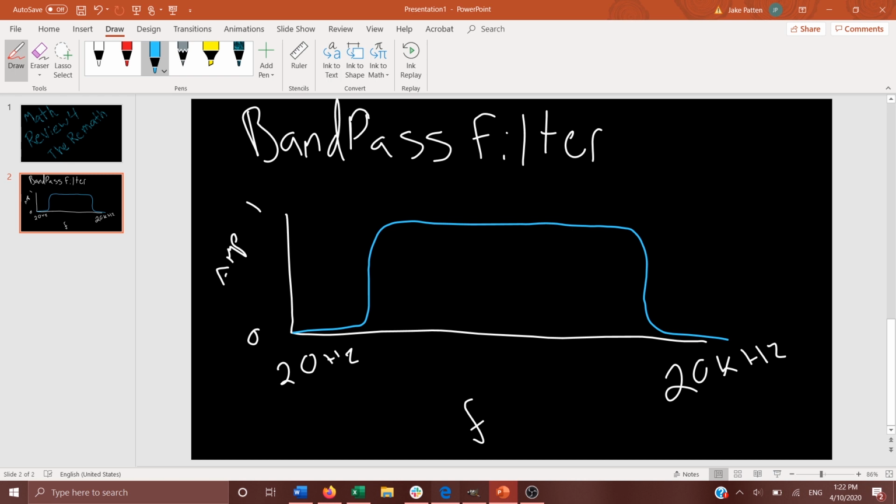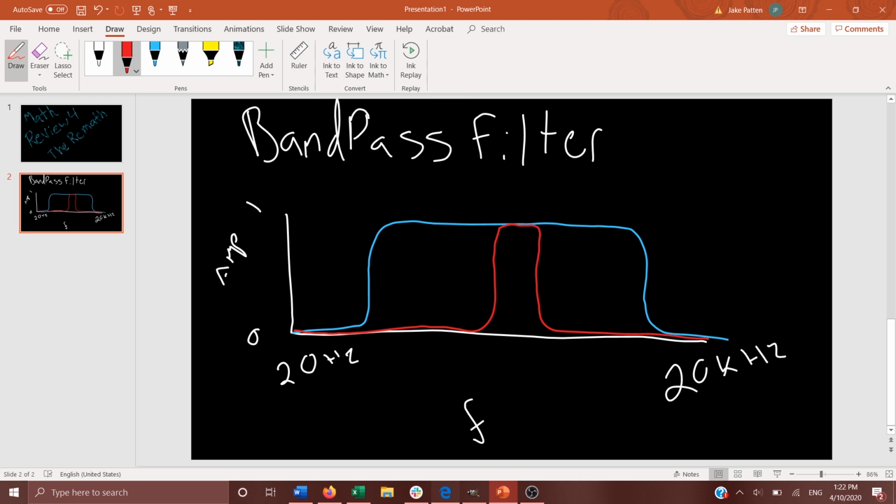It looks like maybe everything between 50 hertz and 17 kilohertz is coming through. You can also have a narrow band filter that might look like that, where you just allow a very narrow band to come through. So that's a narrow band pass filter.